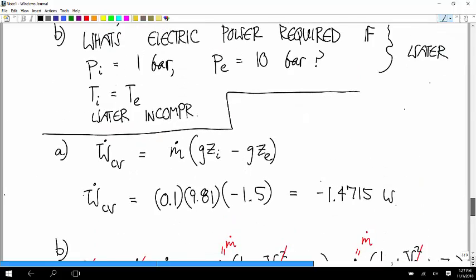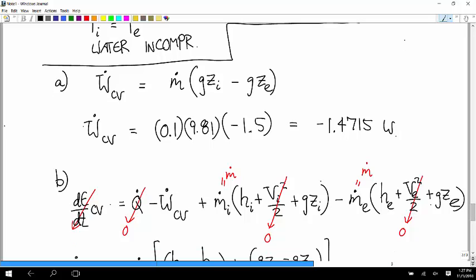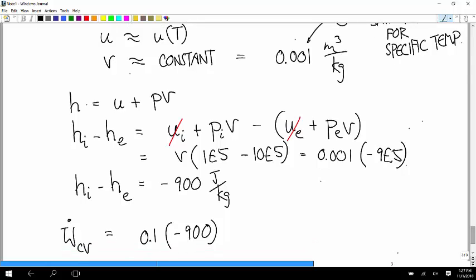That's what we had before. So that's minus 1.4715. And so we get a value now of negative 91.4715 watts.